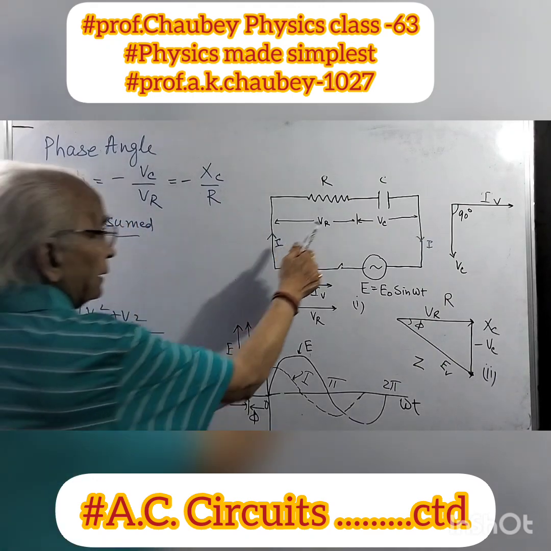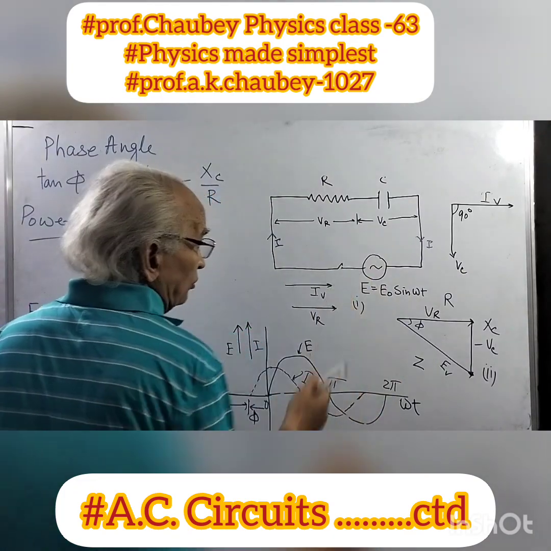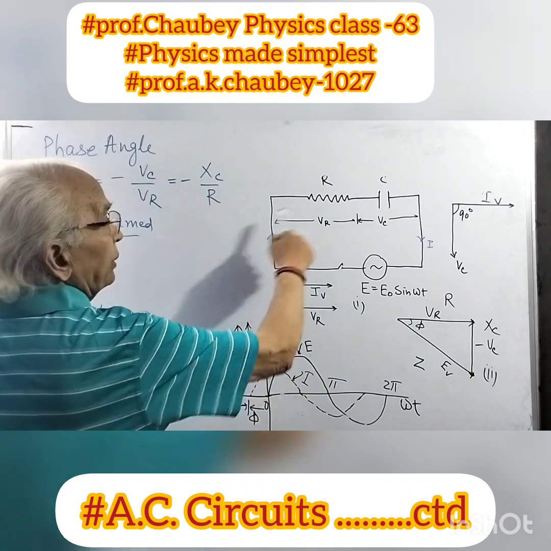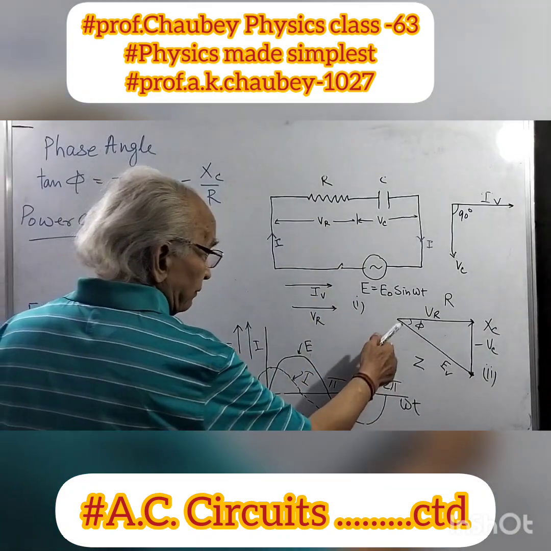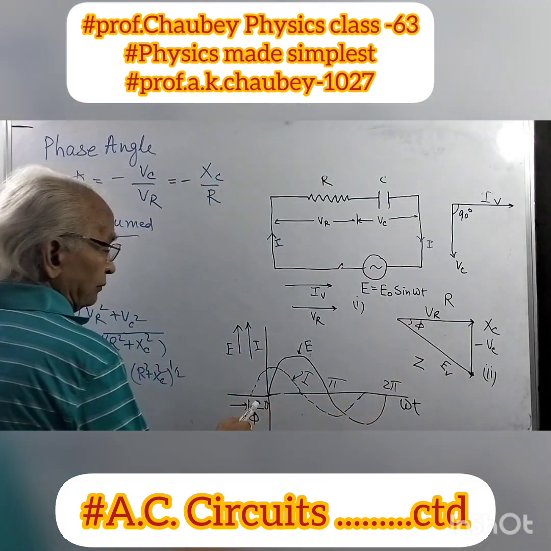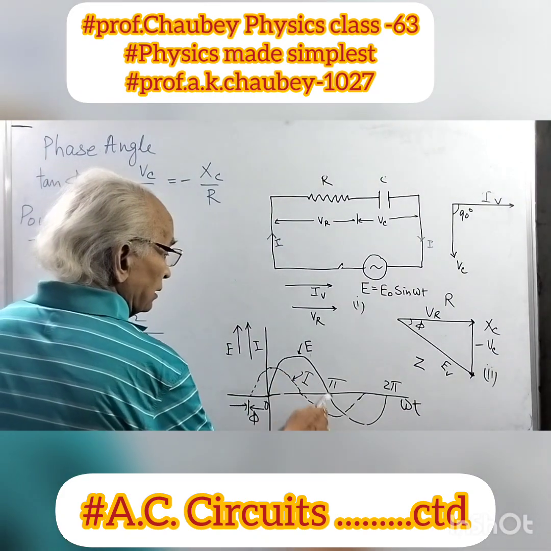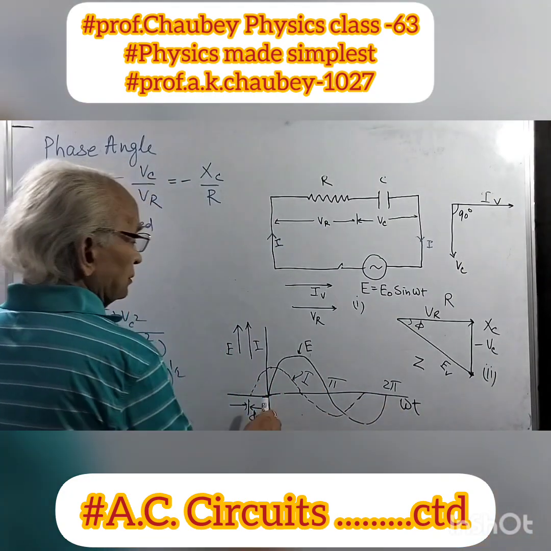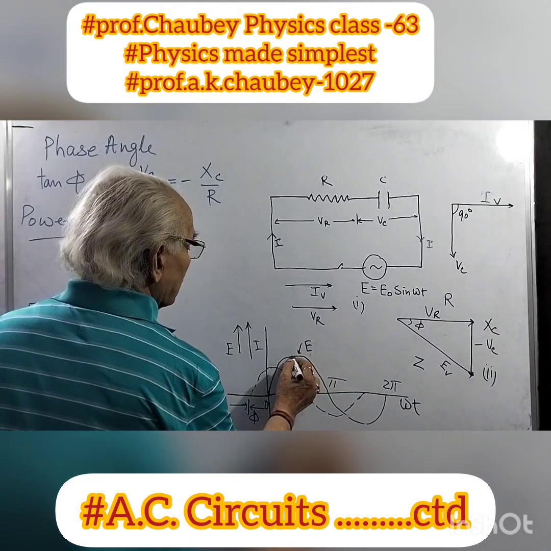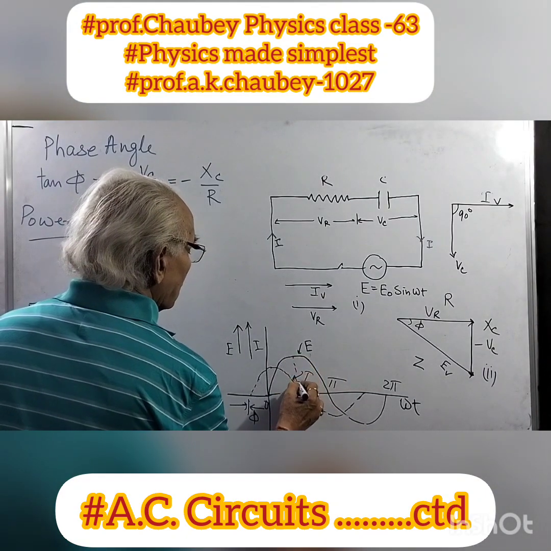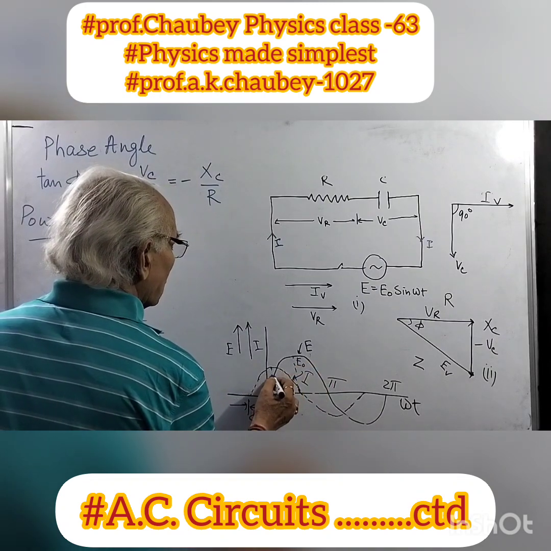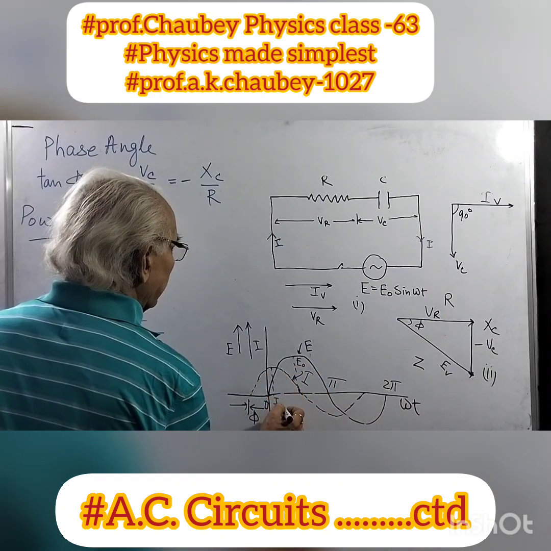so if it is only capacitance, the phase difference of the V_C and I is 90, but it is now a mixture of R and C, and so the phase difference is like this. We start here, say this is the E with omega t on the x-axis, and here it may be maximum, say E naught amplitude, I naught amplitude.